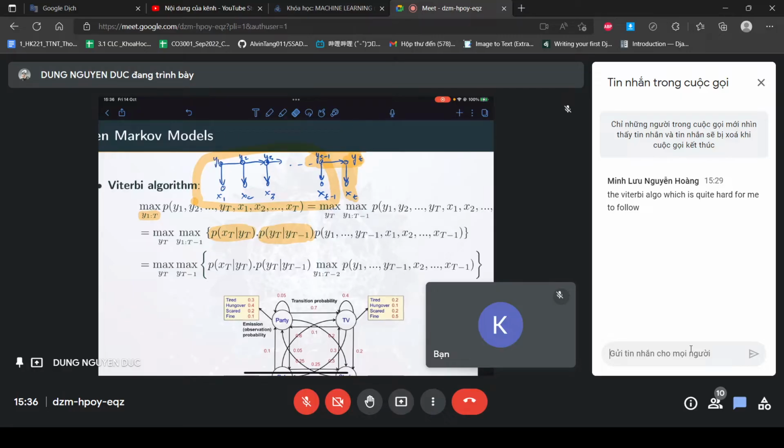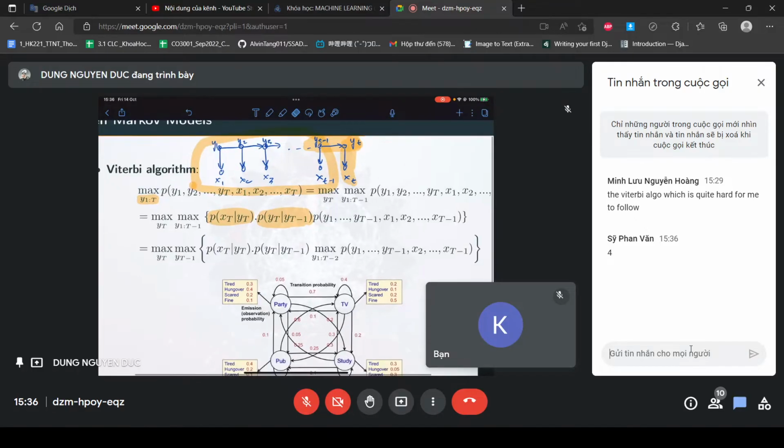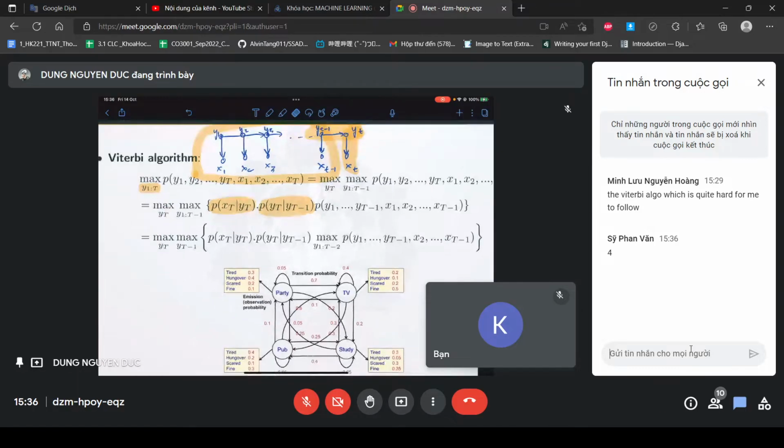How many values of t minus 1 can you have? Depending on the problem. For this setting, you have four states of yt minus 1, right?